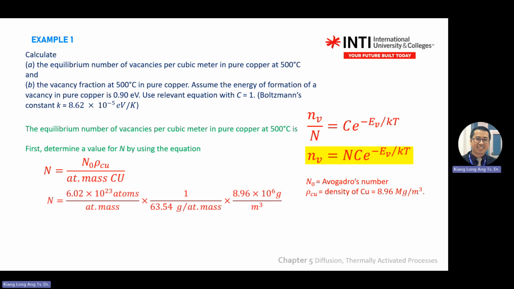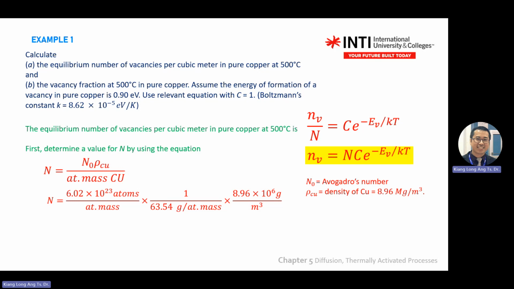So substitute accordingly. Avogadro number 6 times 10 power 23, multiplied by 8.96 megagram, changed to kilogram.